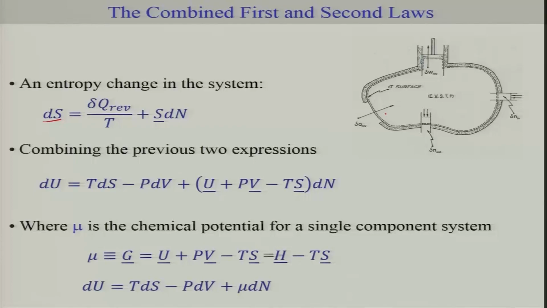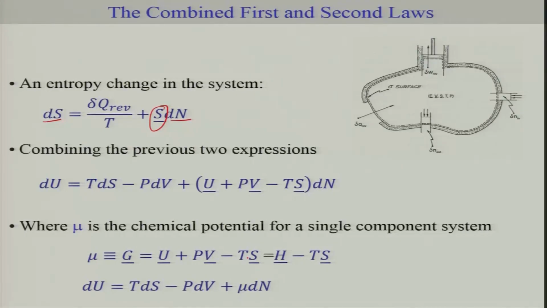The second part is the contribution due to the mass flow, which is written as the specific entropy multiplied by the differential change in the moles. If it is molar entropy, it is multiplied by the differential change in moles, or if it is specific entropy, then you have to consider this as mass.